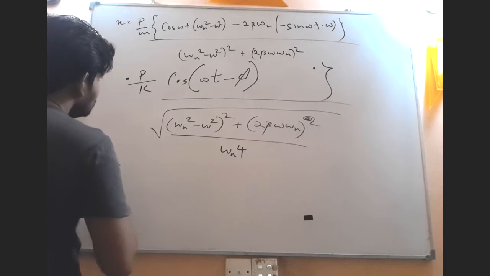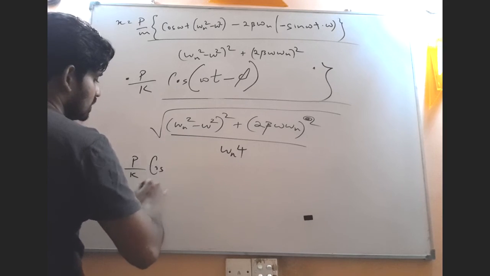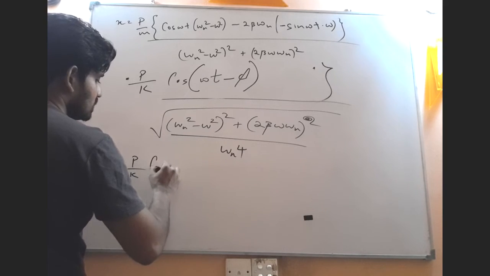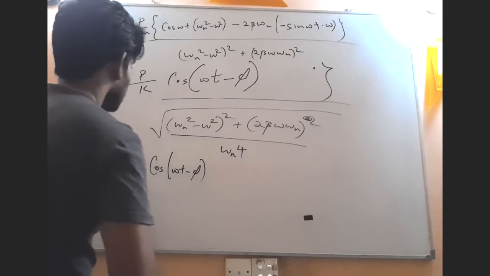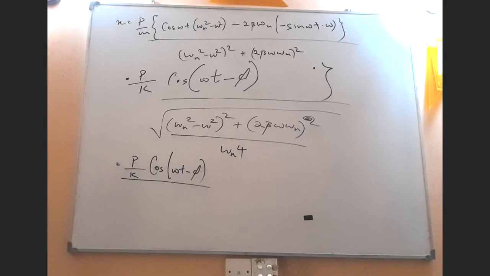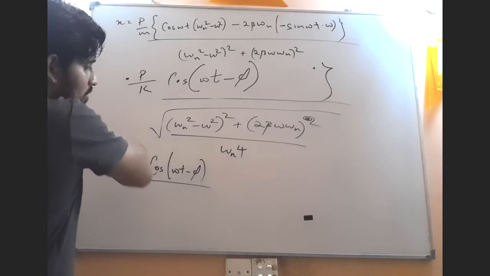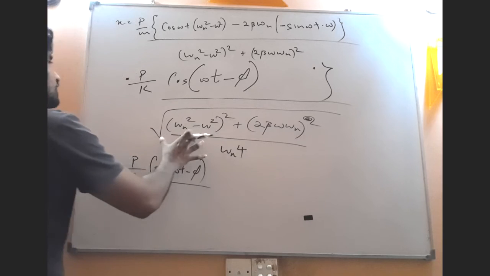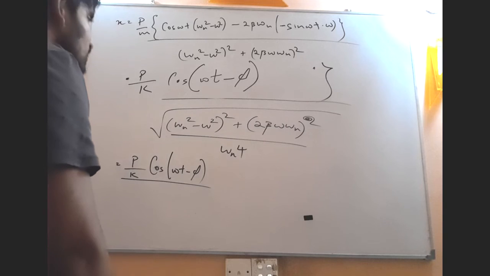So we have P divided by K cos omega t minus phi, divided by this part. So if you divide this part by omega n to the power 4, and also this part by omega n to the power 4, basically you will be getting something like, how to say that, right?